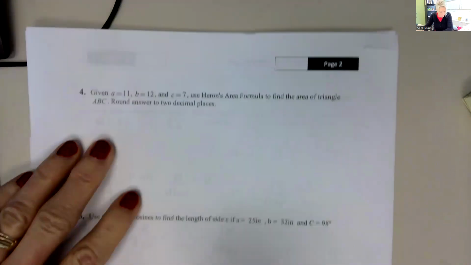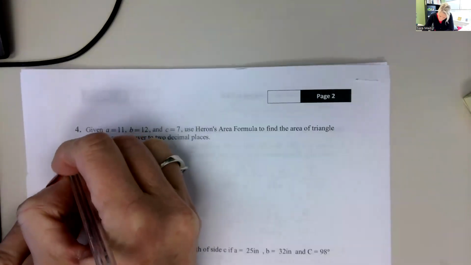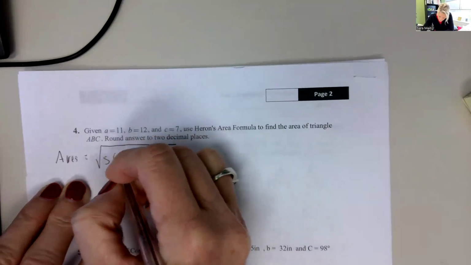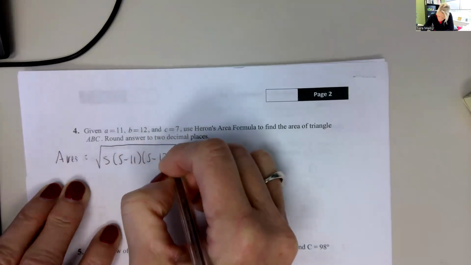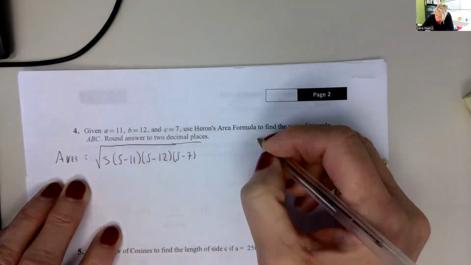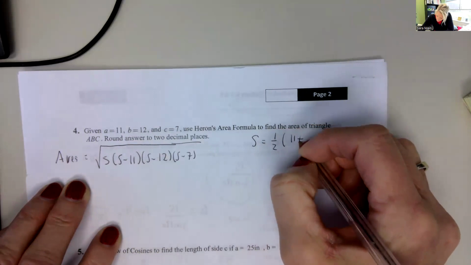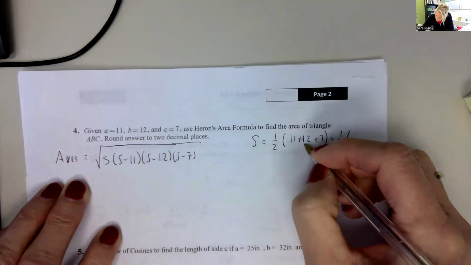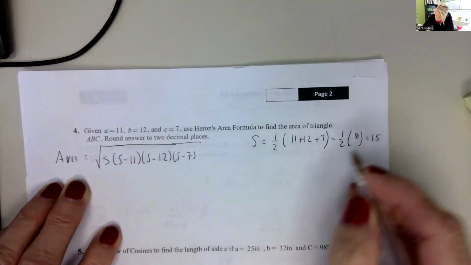So my area is equal to the square root of S times S minus A times S minus B times S minus C. And I need to know what S is. S is equal to 1/2 of A plus B plus C, is 1/2 of 30, which is 15.